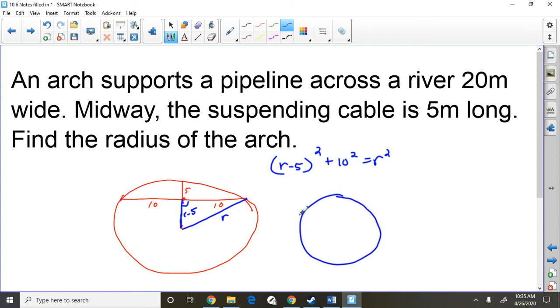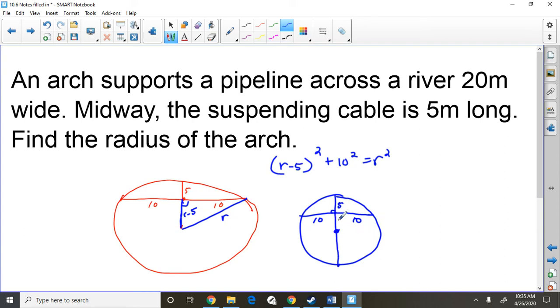Here's my circle. I have my pipeline with my cable. So this is 5, 10, and 10. And what I'm going to do is, again, I know that this is going through the midpoint. So when I extend it, it's going to go straight through the center of the circle.